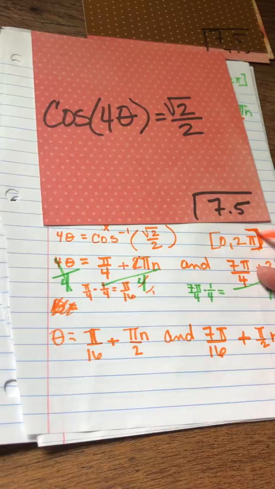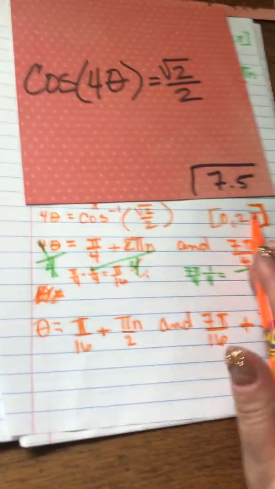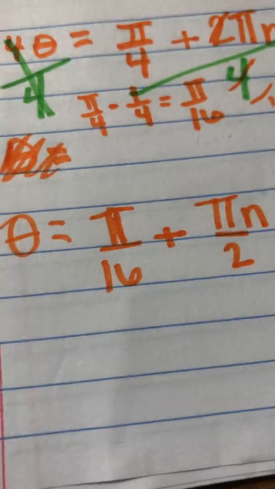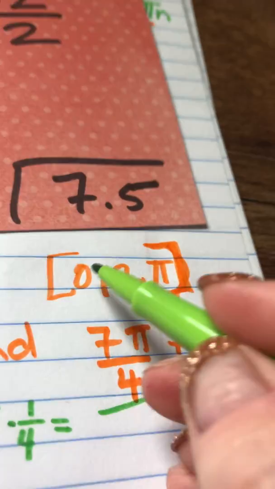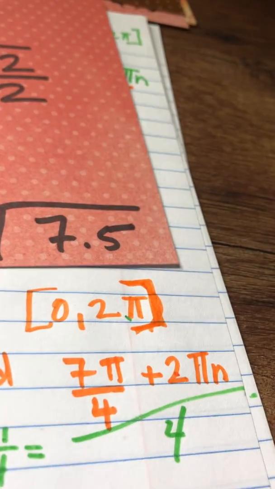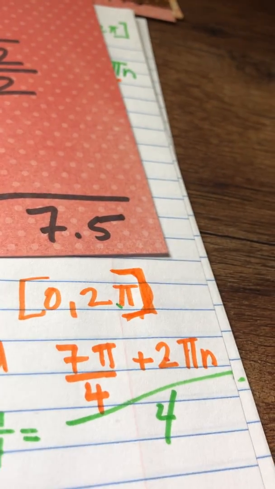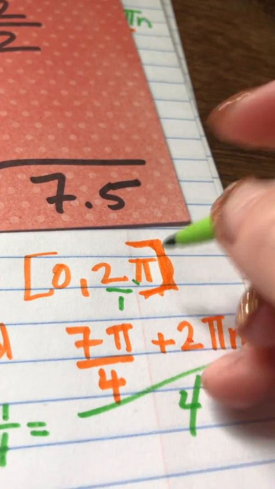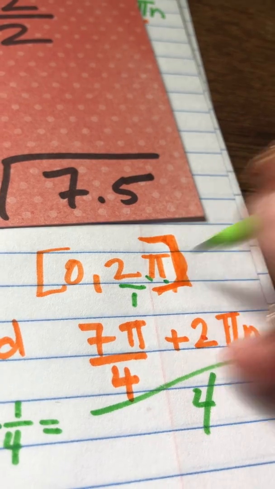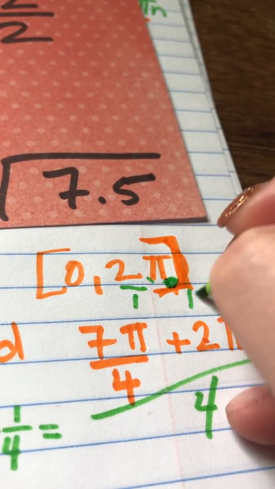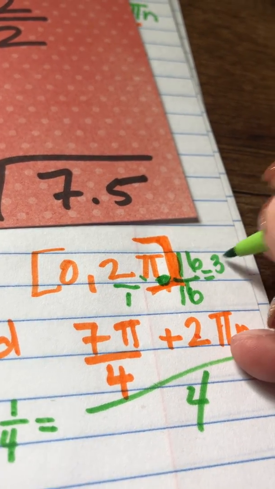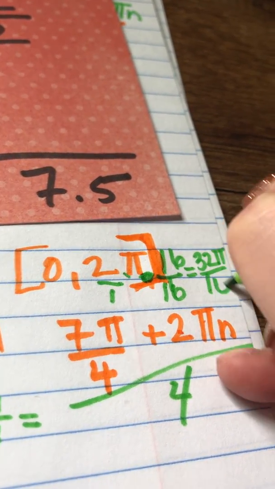So let's see here. Maybe I need to figure out what 2 pi is with a denominator of 16. I need to be between 0 and 2 pi, but I don't know what that is with a denominator of 16. Well, 2 pi has a denominator of 1, and if I want a denominator of 16, I have to multiply by 16 over 16. That makes 32 pi over 16.